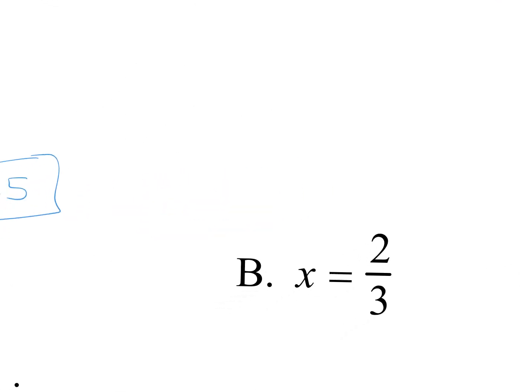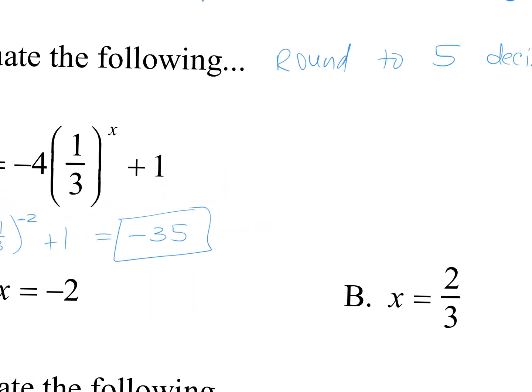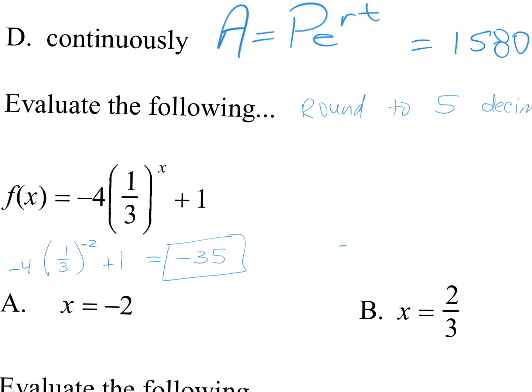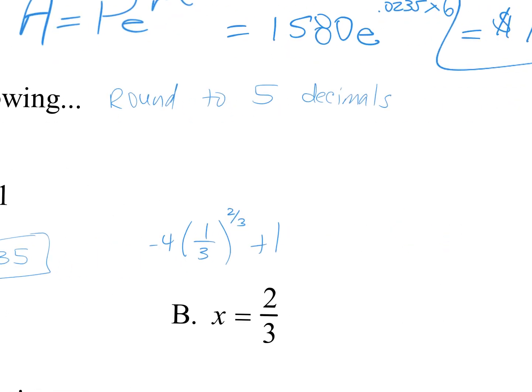All right, moving along. Let's look at B. Same thing. Show me what you put in the calculator. So -4 times 1/3, I'm going to raise it to the 2/3 power and add 1. So in your calculator, -4, parenthesis, you have 1/3. Close your parenthesis, and then you raise it to the 2/3 power. You can use the fraction button, or you can use 2 divided by 3.